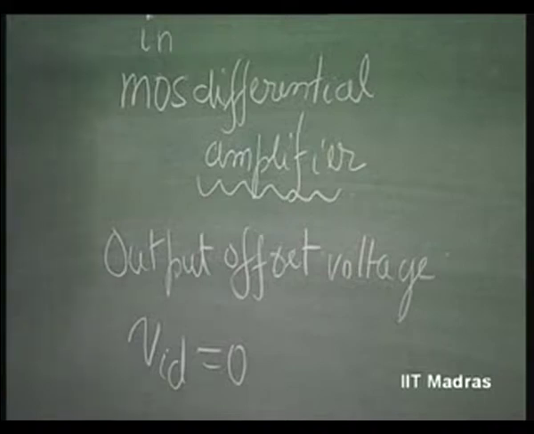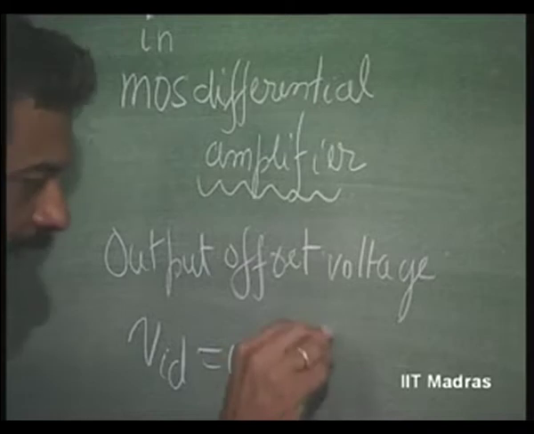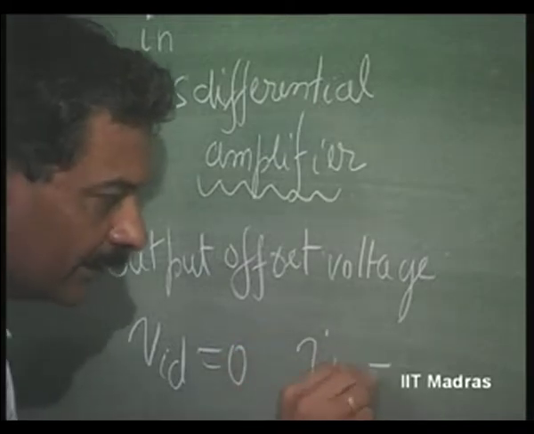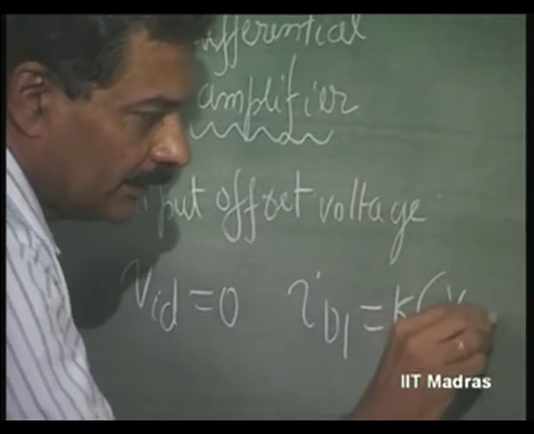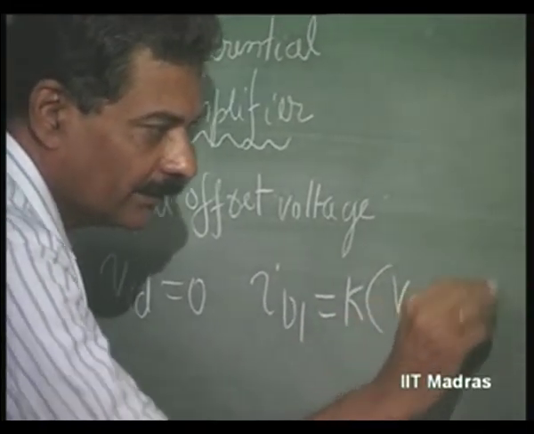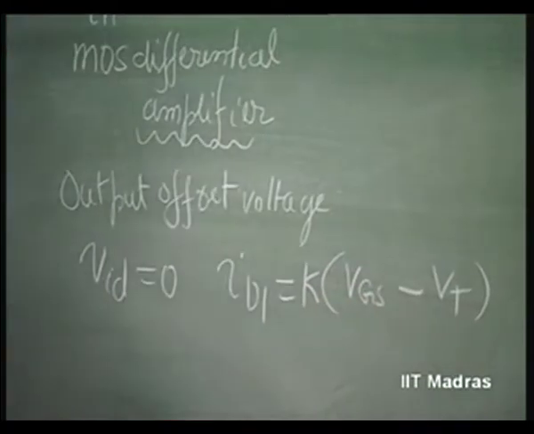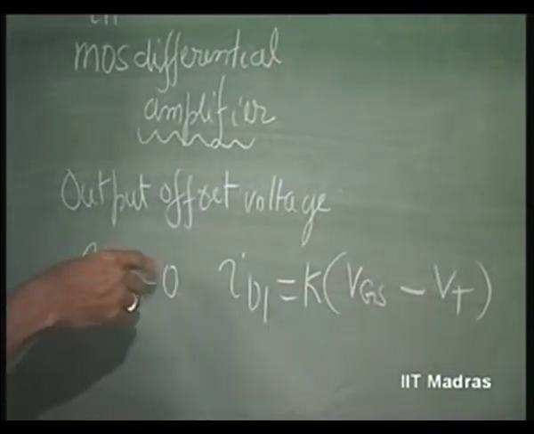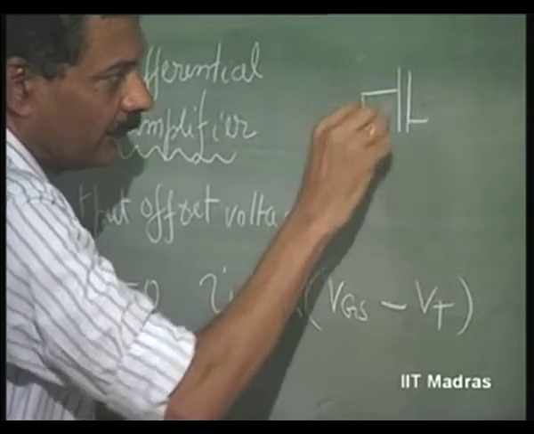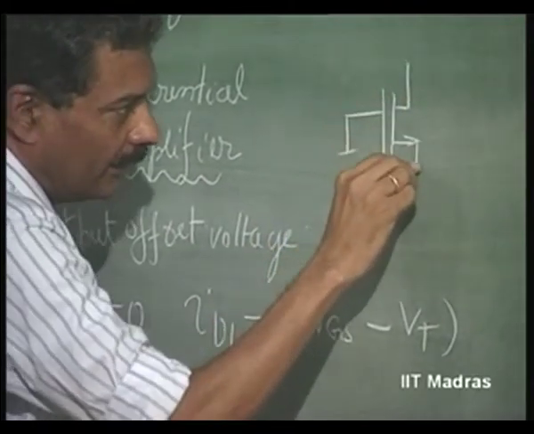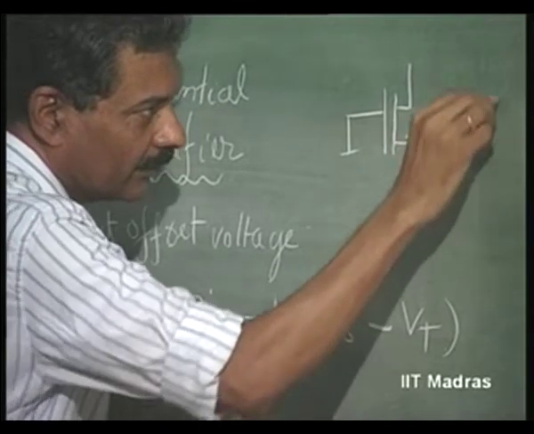Under that situation, why would the output have an offset? Obviously, ID1 is not equal to ID2, because ID1 is equal to K times VGS minus VT, whole squared. As far as the MOSFET is concerned now, the inputs are grounded and the sources are connected together.